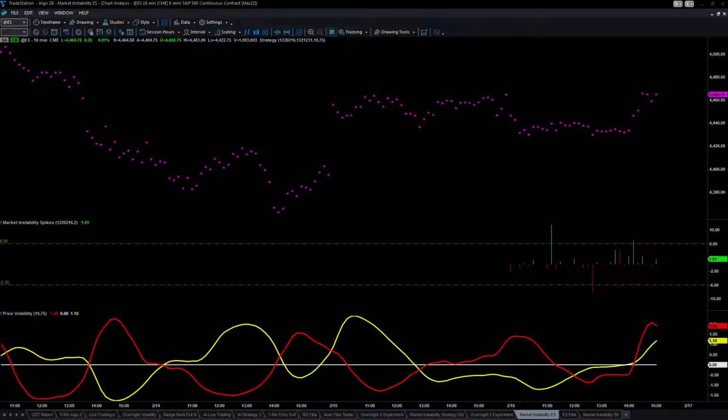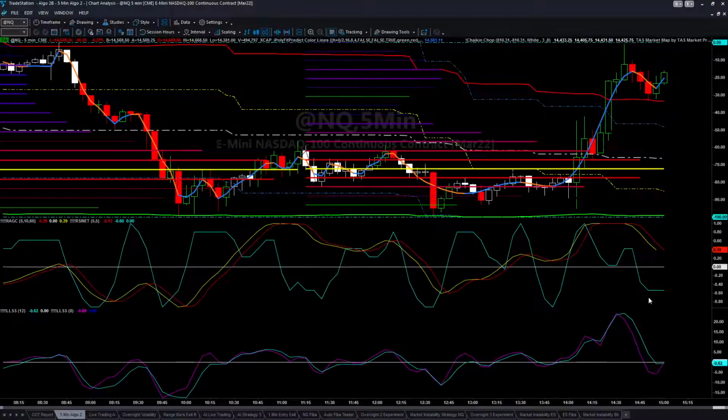It looks to me like we are going back up again in terms of price. I think this thing just completed its oscillation. We still have a little bit more to go to the upside. Let me go back here so you guys can see what I'm looking at.